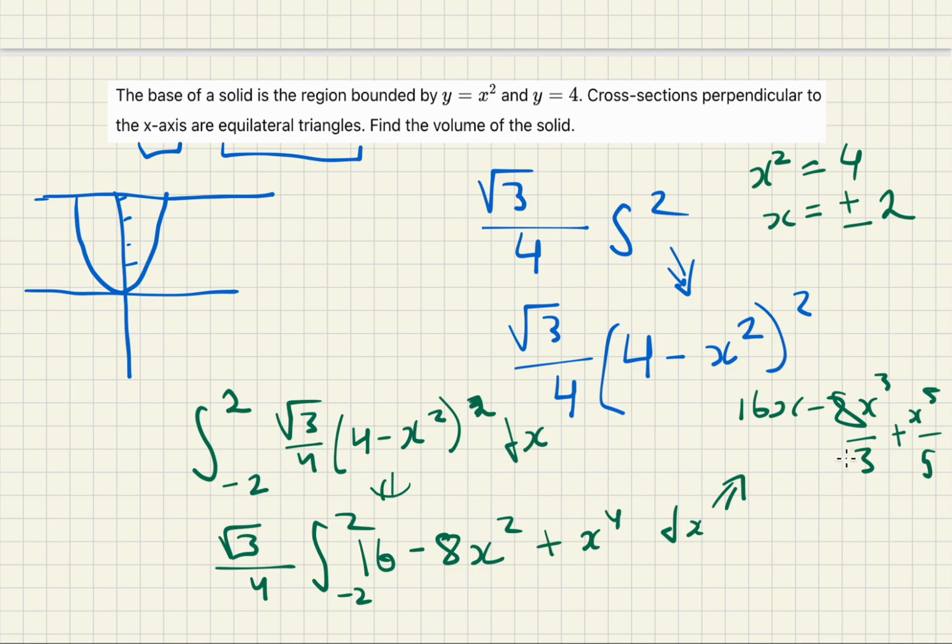Simply use the power rule on each of these terms. And that's evaluated from negative 2 to 2. And all this times square root of 3 over 4.